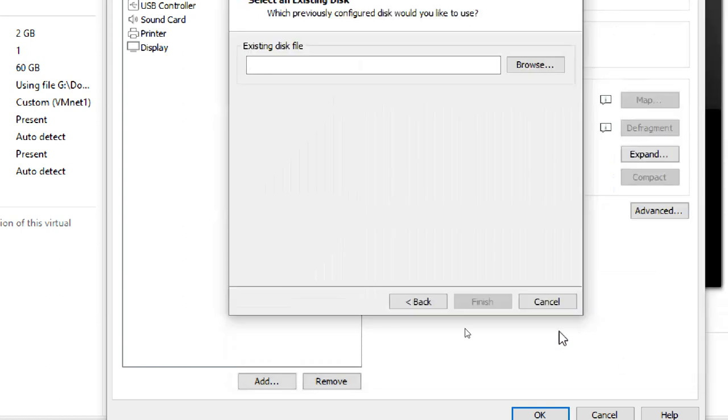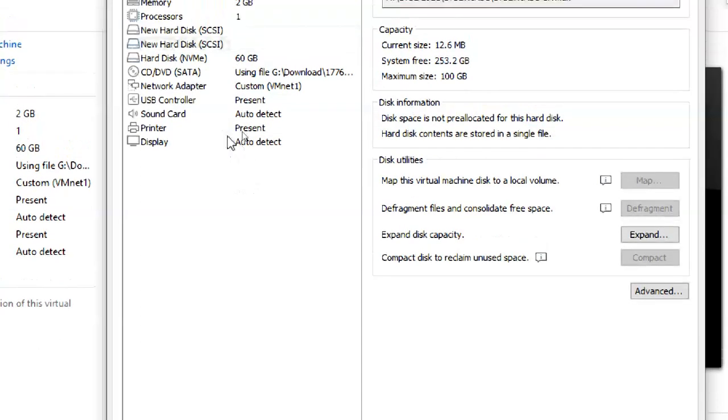It is not showing. Yeah, here it is showing.